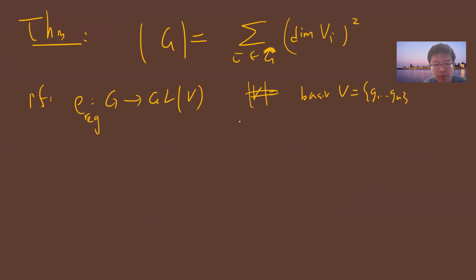So the dimension of V will just be the order of G. That means the regular representation acts on any group element h by just permuting it. Let me denote this by ρ.